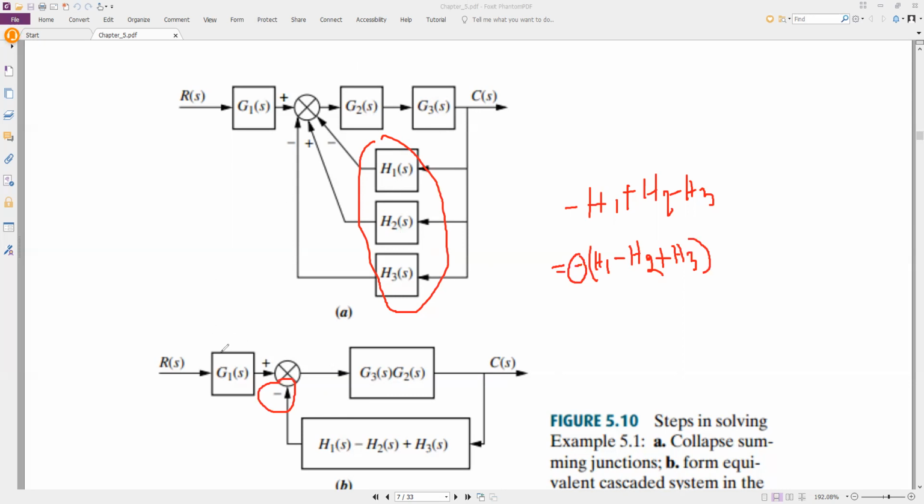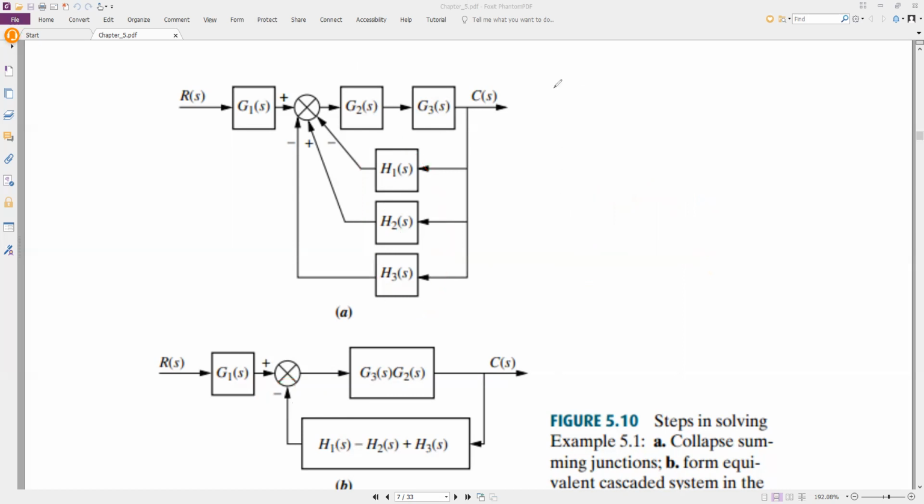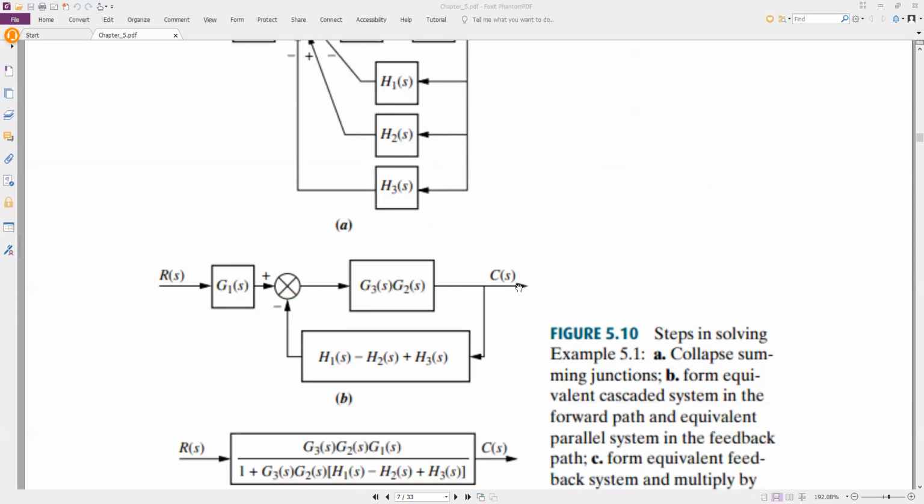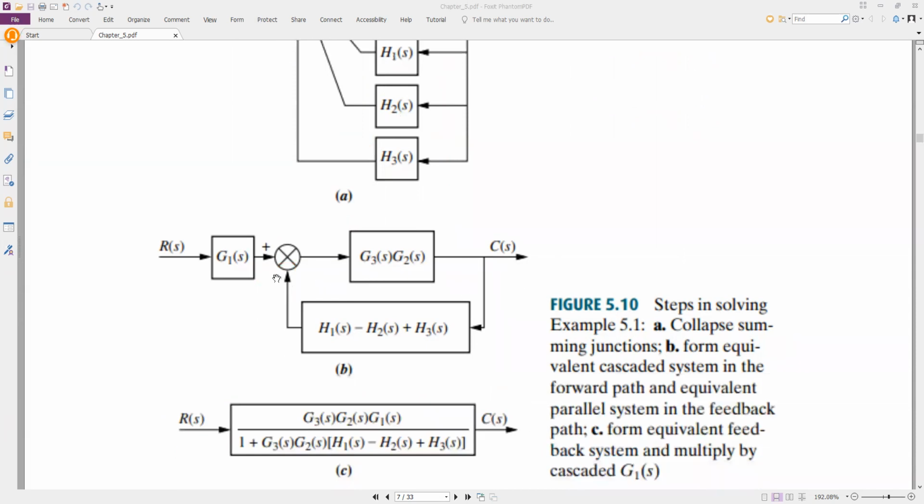Now, next thing, we'll move it to here. If we move it here, that would be G2, G3, G2, G1. No, let's keep it as it is. Now what they did, just reduce this one. So instead of these three, this G1 is there.